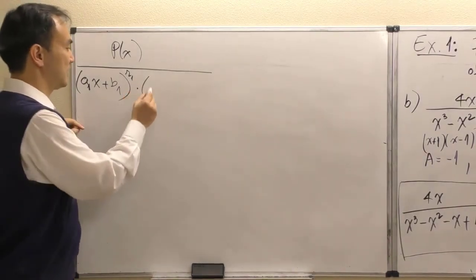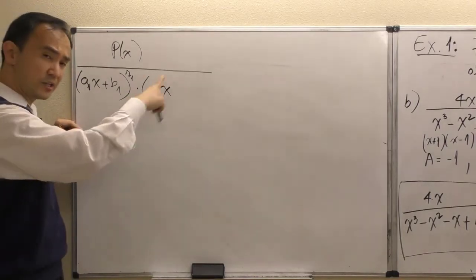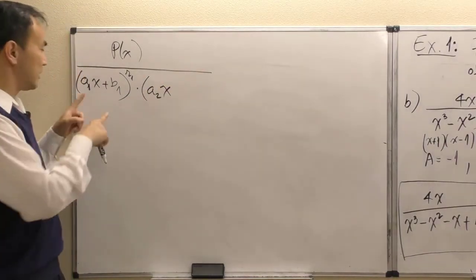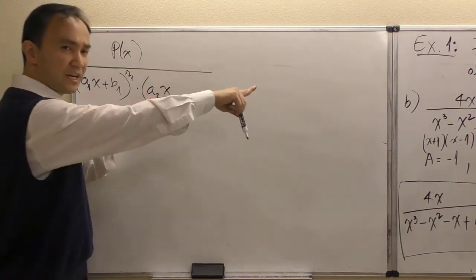And then, how about some a2x plus b2? I'm talking about distinct factors, so a1, a2 are all different, b1, b2 are all different. I mean a1x plus b1 is different from any of the other ones.